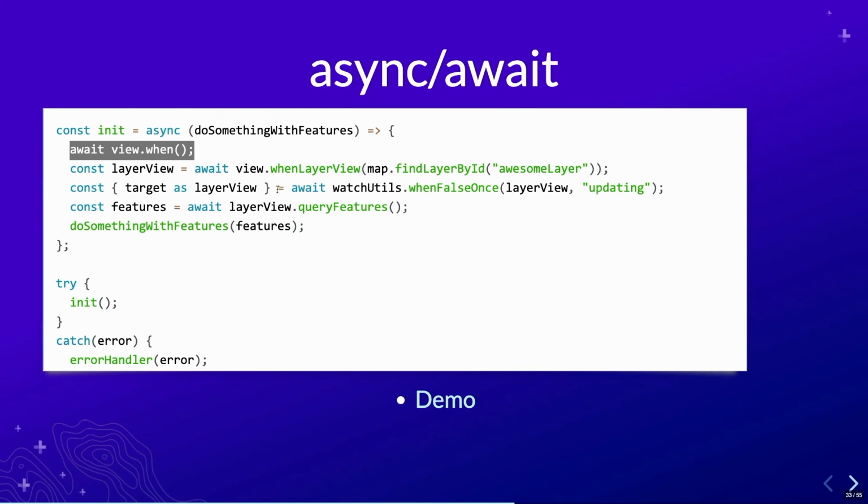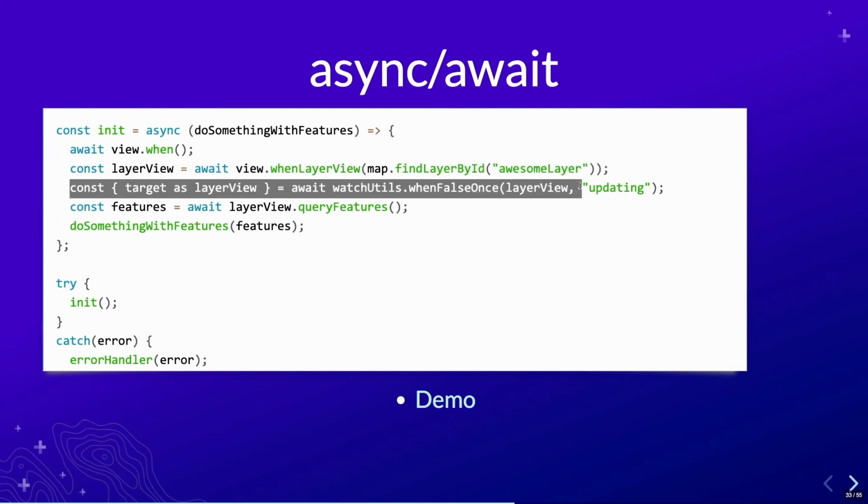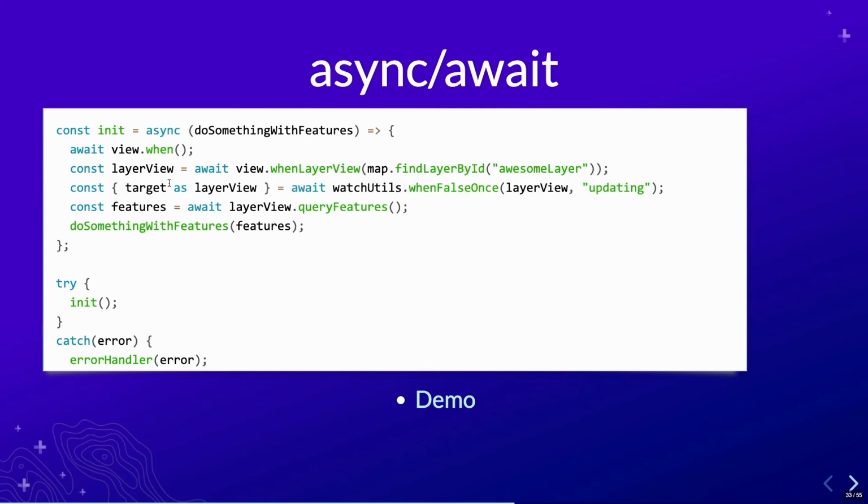I don't necessarily need to do this, but I wanted to show how this could work if you wanted to. Basically, you're going to get the results back from this whenFalseOnce, and there's a property called target on those results, but I want to rename that target as layerView over here, which is something that you could do. You could rename properties when you're calling them like this.